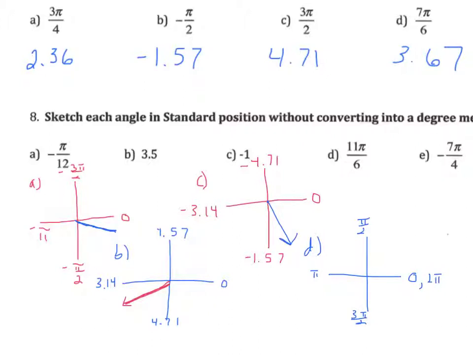And now I want to think where 11 pi over 6 would be. So it's definitely more than pi, because pi would be 6 pi over 6. And actually, it's almost 2 pi, because 2 pi would be 12 pi over 6. So I'm going to be pretty close to 2 pi, about right there.